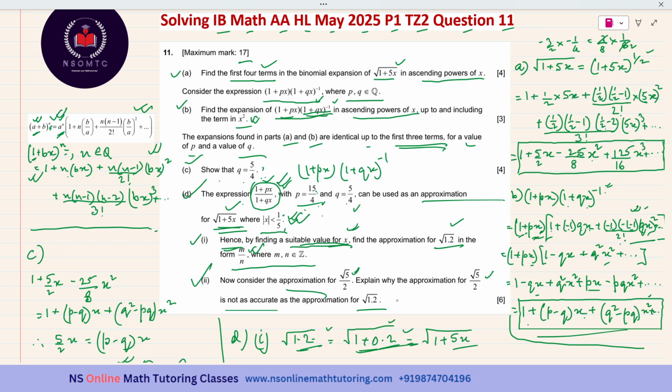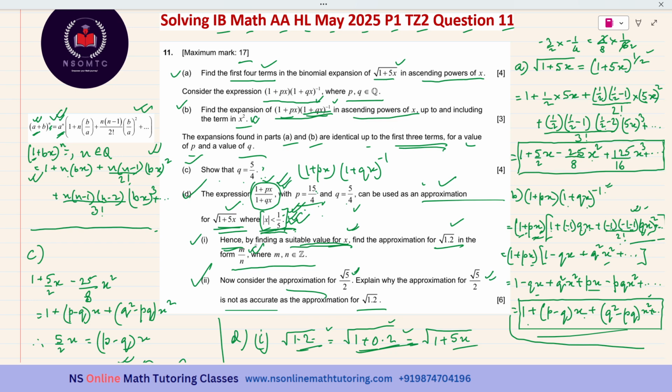They have said it can be used as an approximation where this condition has to be satisfied: the absolute value of x should be less than 1 over 5. Only then can this be used as an accurate approximation. So we have to show that the x value that we get for this is not within this range, that the absolute value of x is not less than 1 over 5.